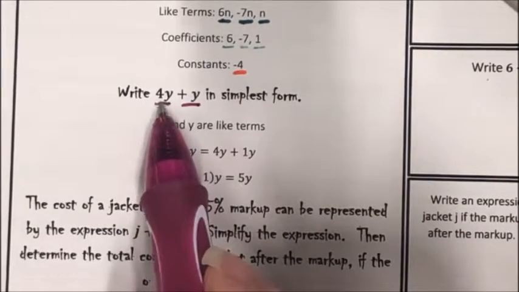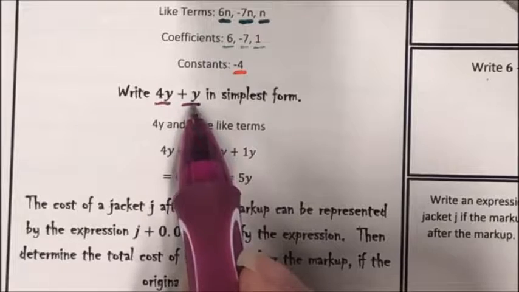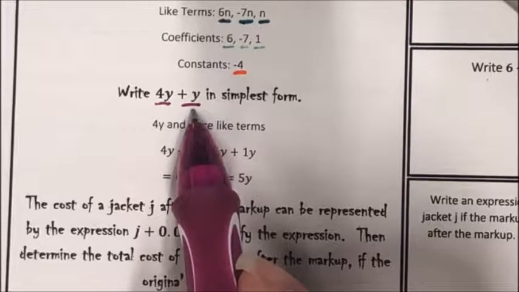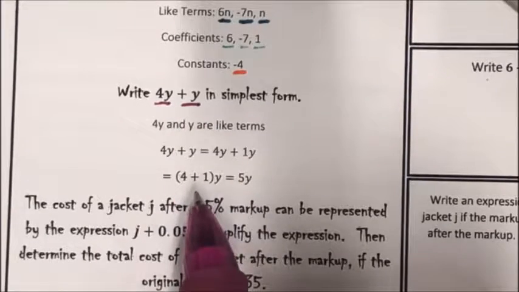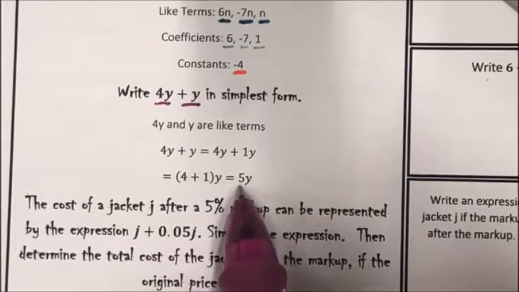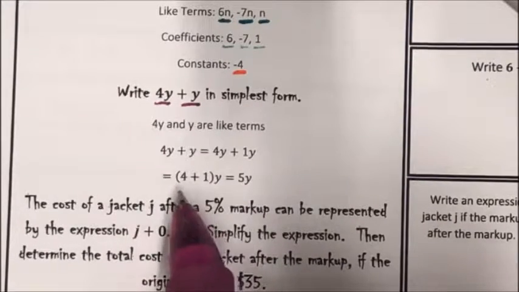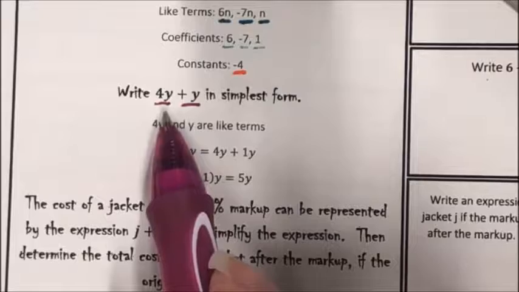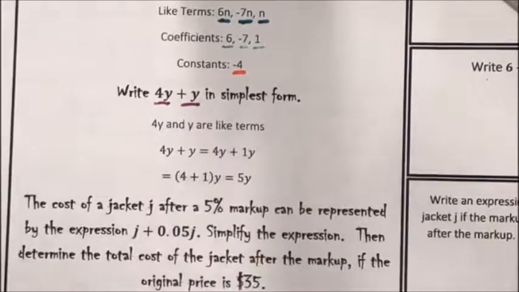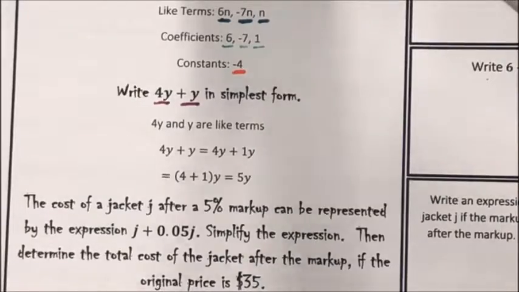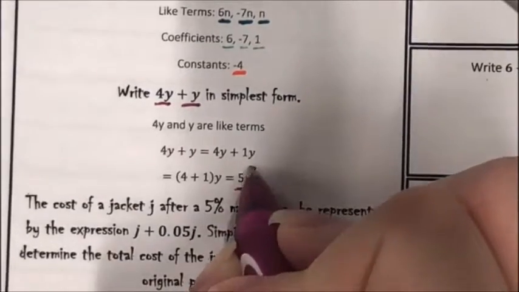So I have 4 y's here, and I have 1 y here. So how many y's do I have total? 5. I have 5 y's because I have 4 here and 1 here. So my total is 5y.